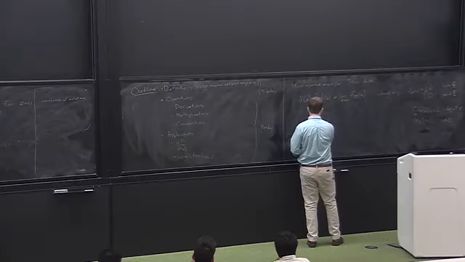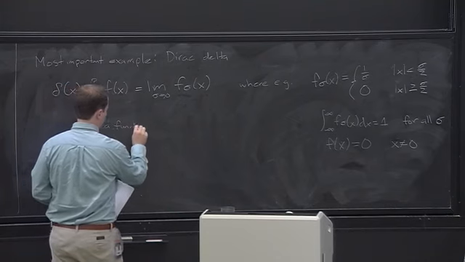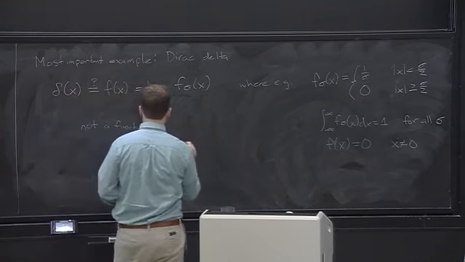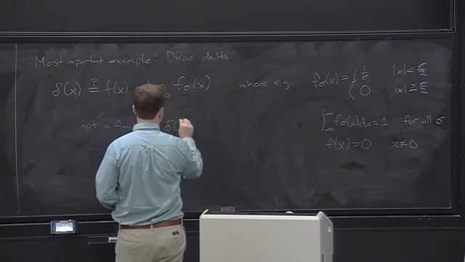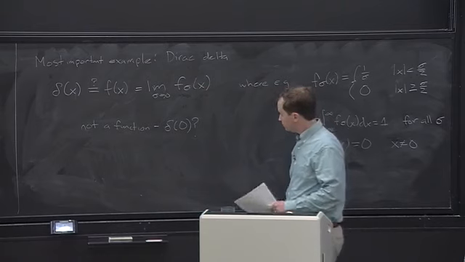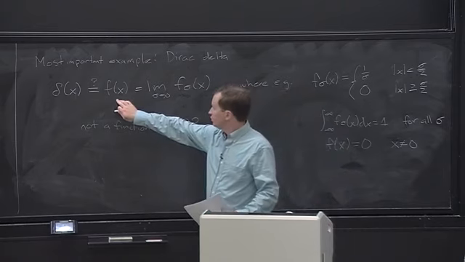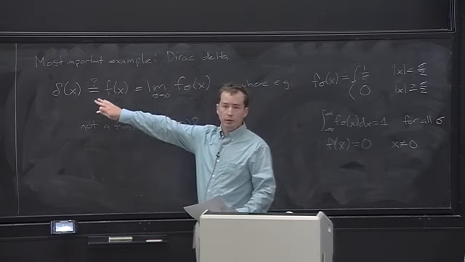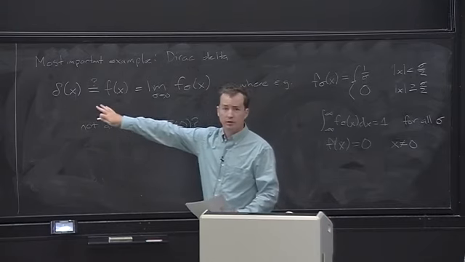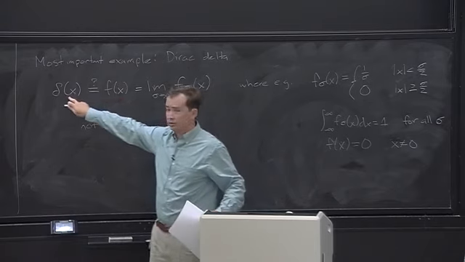And it's not a function because delta of 0 doesn't make sense. So ultimately, we will be able to define the delta as something like this, but it is dangerous to think about this as a function.